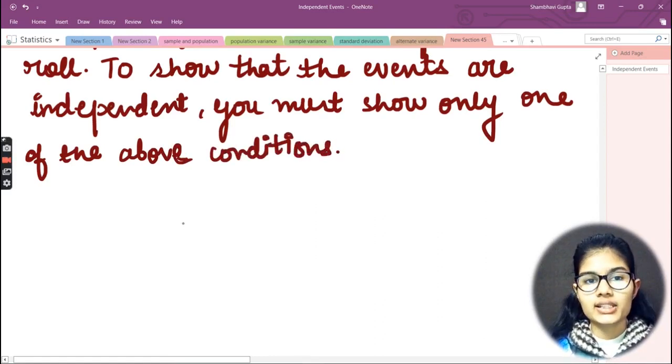So to show that the events are independent, you must show only one of the above conditions. So if two events are not independent, then we say that they are dependent.